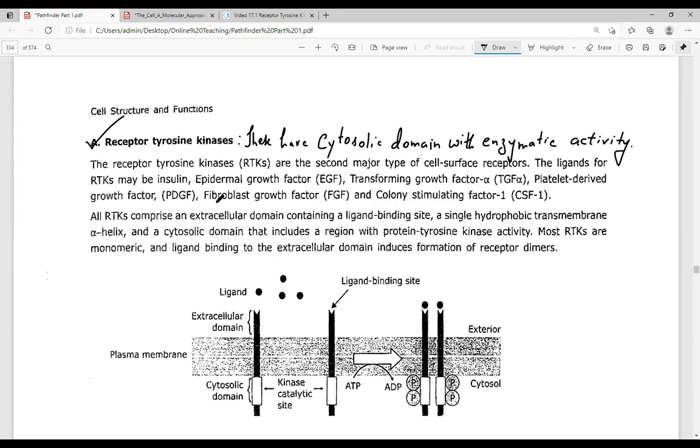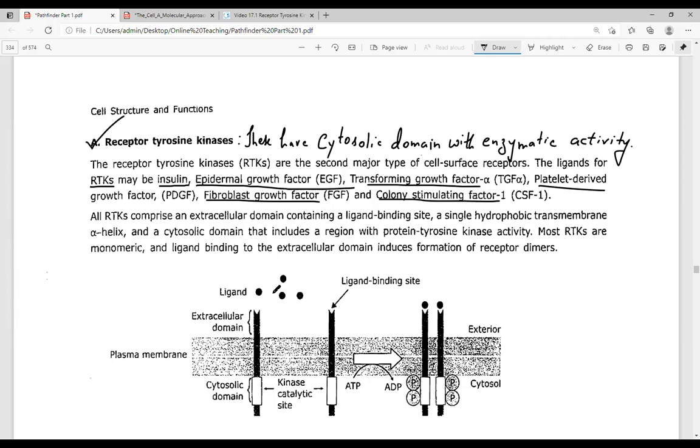Next, the ligands for receptor tyrosine kinase can be of several different types. These could be insulin, epidermal growth factors, transforming growth factors, platelet derived growth factors, or other different types of growth factors, such as fibroblast growth factors, colony stimulating factor, etc. All RTKs comprise an extracellular domain containing a ligand binding site.